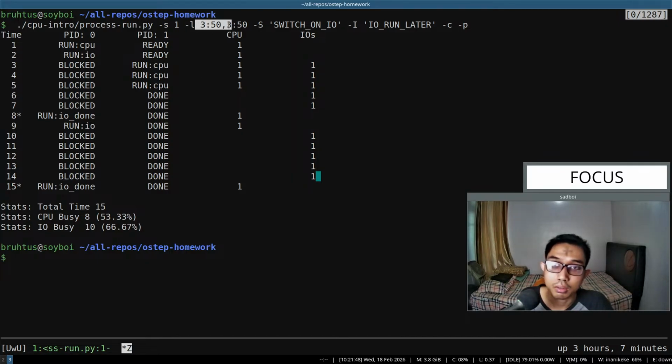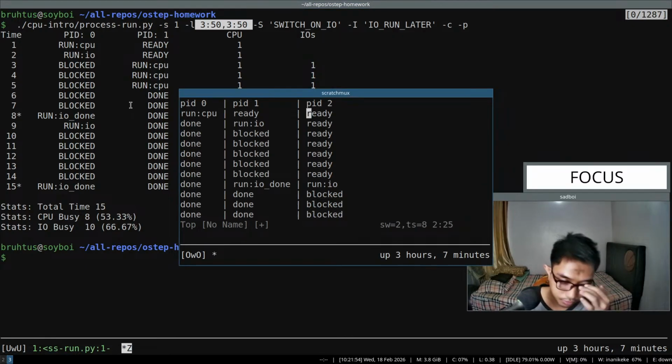All right, we only have two processes. Okay. We only have two processes, not 3. Anyway, run CPU, right?